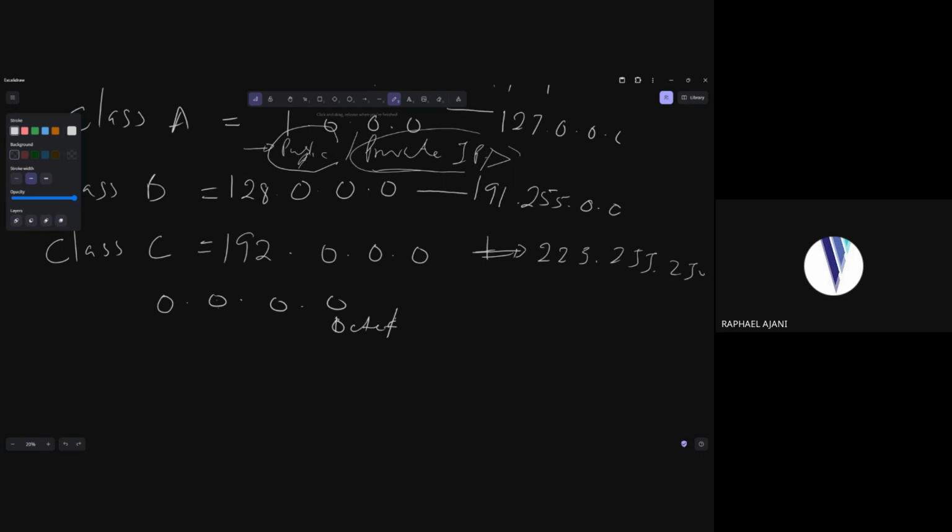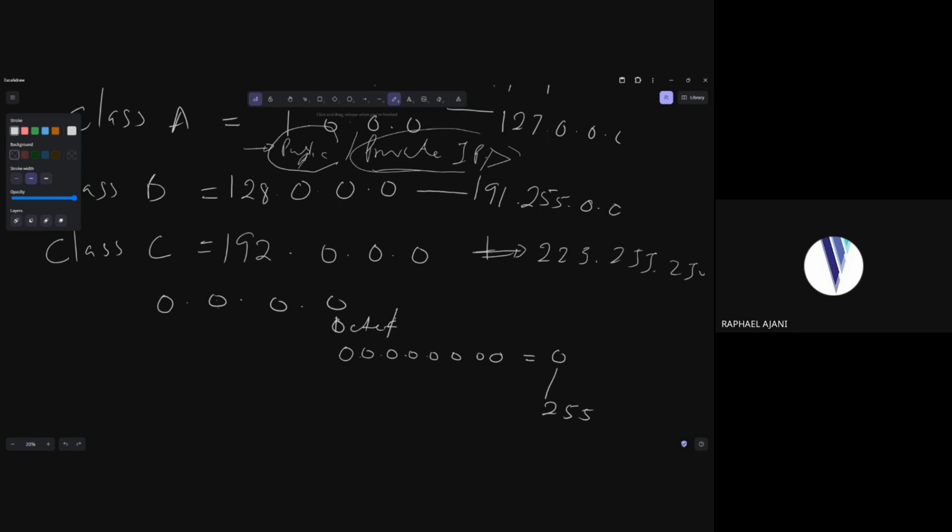So if I write this in binary, it's 8 digits: 0, 0, 0, 0, 0, 0, 0, 1, 2, 3, 4, 5, 6, 7, 8. If I keep writing this in binary, I need to keep changing the combination of these numbers, and in decimal it is like moving from 0 to 255. Do you understand?